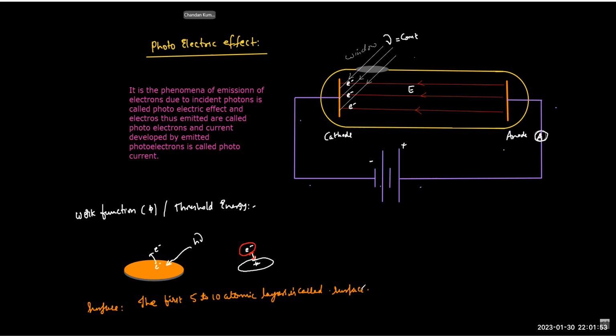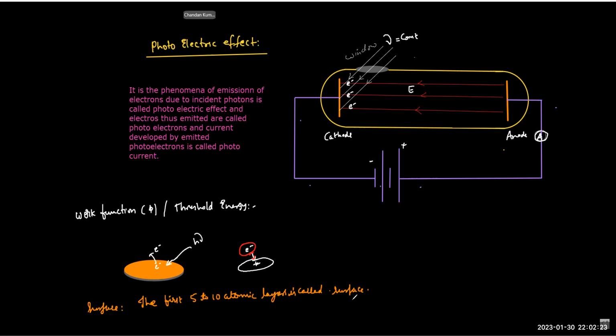Now among that surface, we have different layers. So it is not necessary that every electron will come from the top layer. You may hit the electron in some deeper layer also, right? In that case, the electron will be free from the layer attraction, because the attraction will exist for only a few layers away.